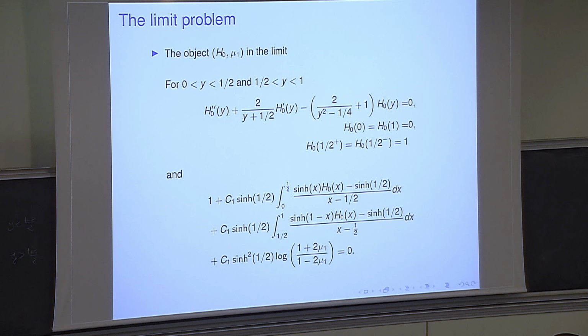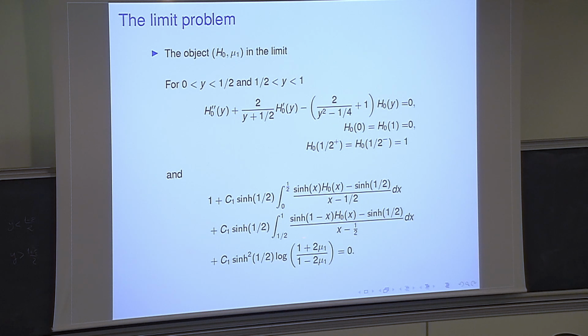It's a function. I mean, you can solve the system, again, by the Frobenius method. And you also get, and this comes from the fact that you really have to solve the integro-differential equation, that this function h at this value mu1 must satisfy this equation.